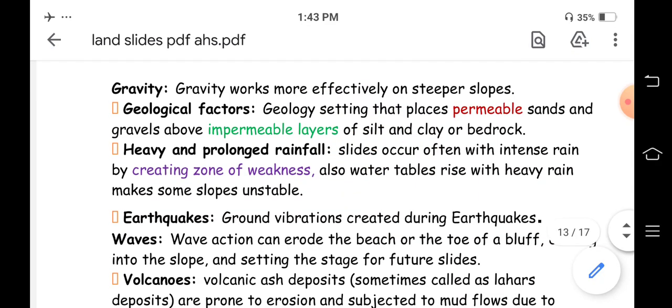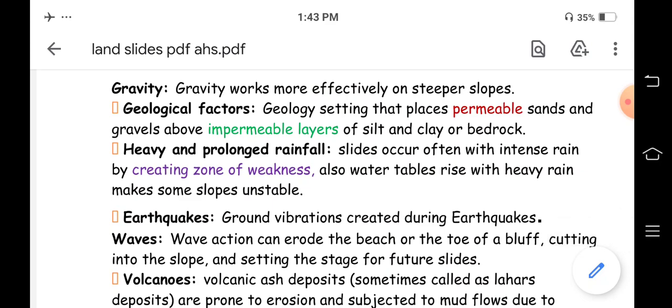Second is the geological factors. Geological factor means the geology of the soil strata, which contains permeable sand or impermeable silt or clay. That is, permeable sand and gravels lying above the impermeable layers of silt and clay.